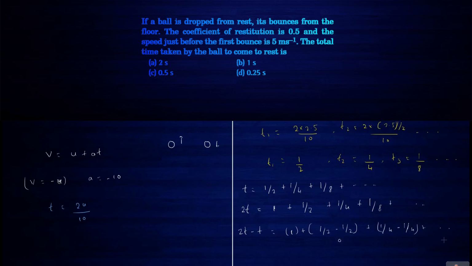These all terms will be 0, and this sequence goes till infinity, so we need not bother about the last terms. Each of these will get cancelled out. So T equals 1 second.